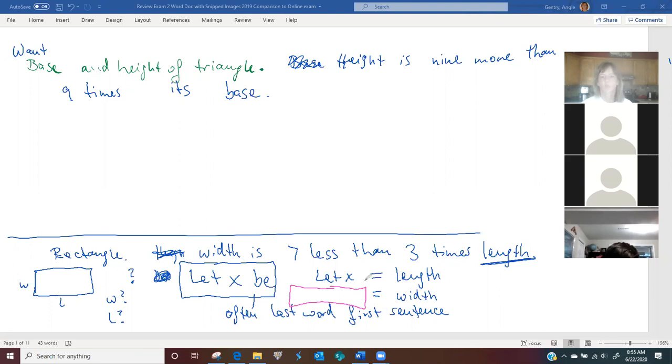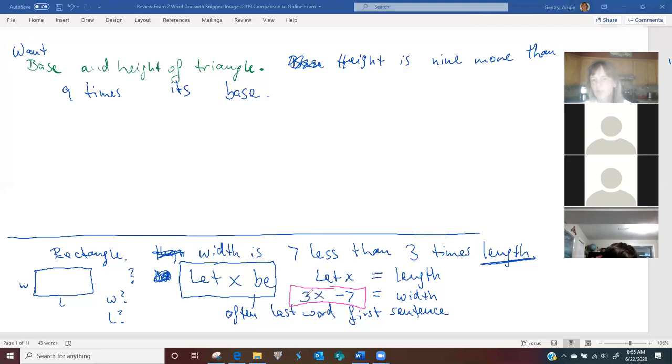So you say, let x be the length. Well, what else do you need? The width. Then you read, the width is 7 less than 3 times the length. You said length is x. Do you see it?